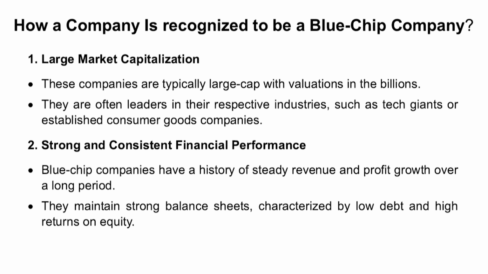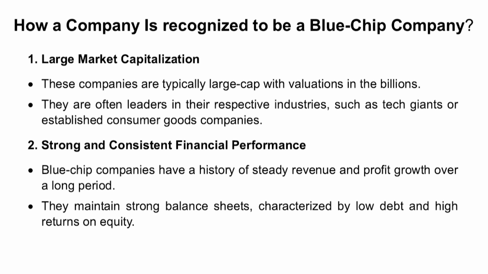After that, they may have a strong and consistent financial performance. Blue chip companies basically have a good history of steady revenue and profit growth over a long period of time. They maintain a strong balance sheet, characterized by low debt and high returns on equity.